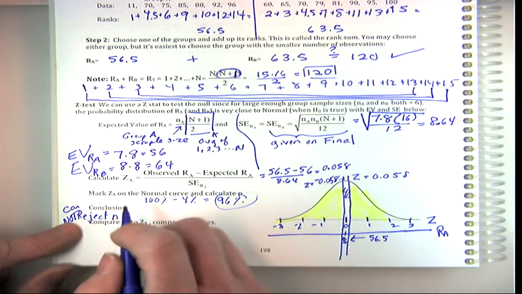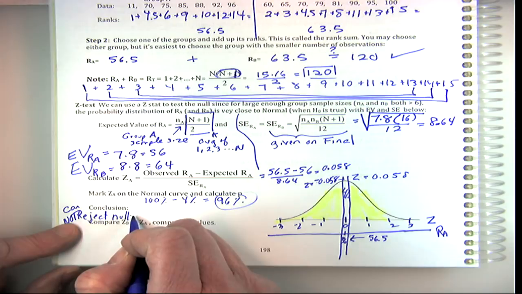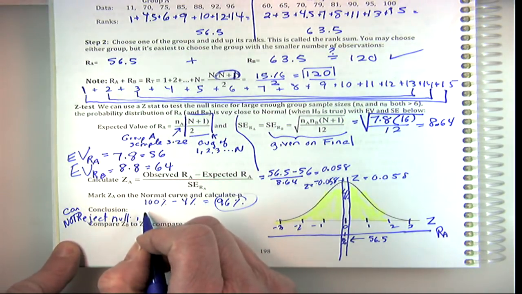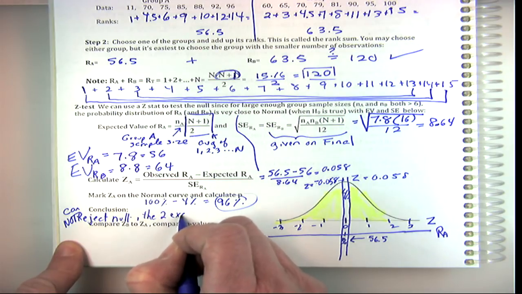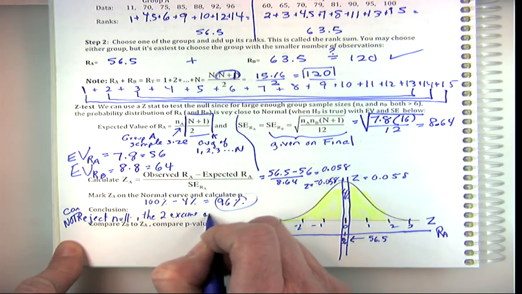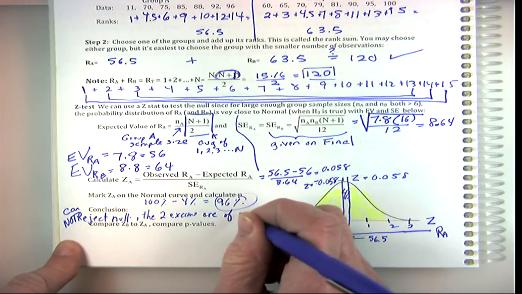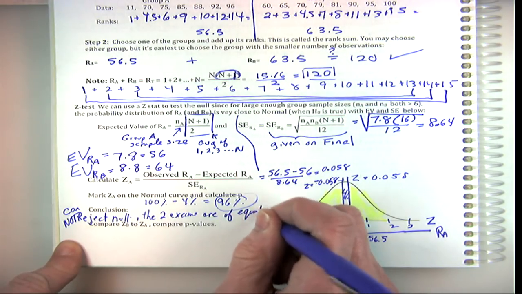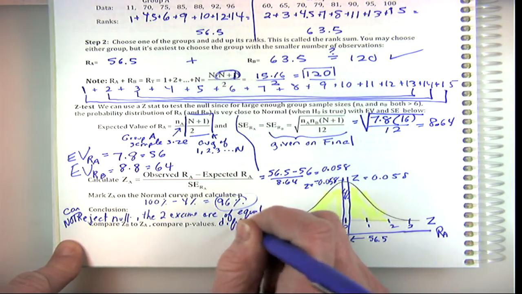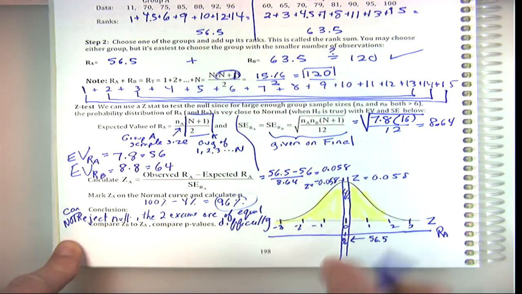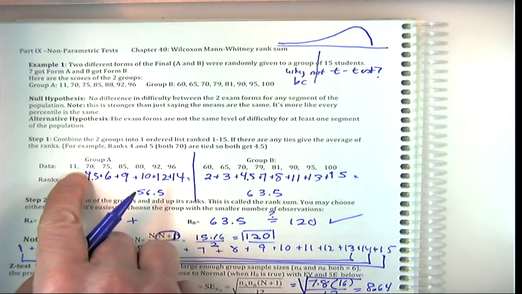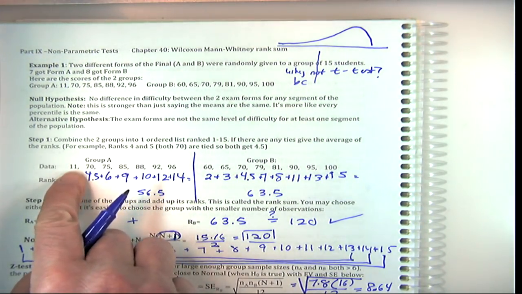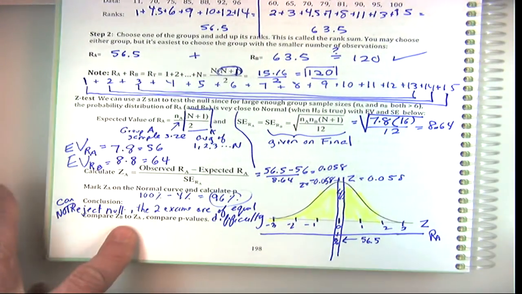We cannot reject the null, and we conclude that the two forms of the final exam are of equal difficulty, and that's just what I wanted. This is a case where I wanted them to be as close as possible. Whereas if I'd done it any other way, this one would have looked like it was much harder because of the 11.